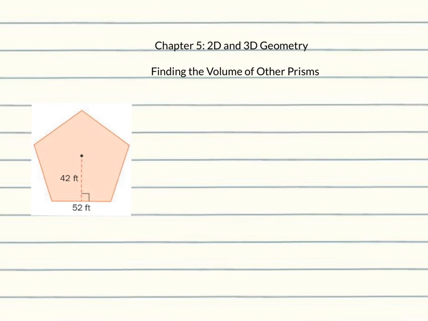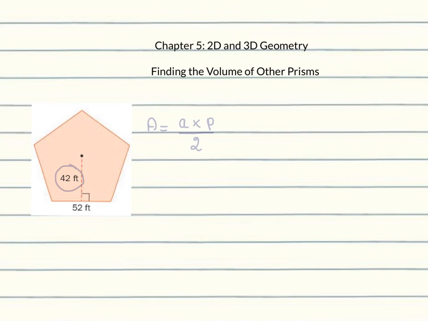The area of any polygon is equal to the apothem, which is 42 here, symbolized by A, multiplied by the perimeter of this polygon, all divided by 2. Remember, the perimeter is the length of all the sides in a polygon.